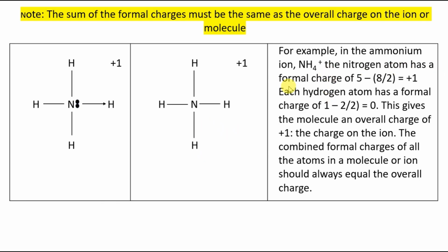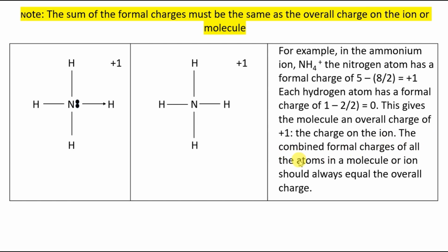The nitrogen atom has a formal charge of 5 for the valence electrons to begin with, minus 8 over 2 for the electrons in the bonds, plus 1. Each hydrogen atom has a formal charge of 1 minus 2 over 2, that's 0. 1 for the original valence electron, 2 over 2 for the half share in the electrons in the bond. That gives the ion an overall charge of plus 1.